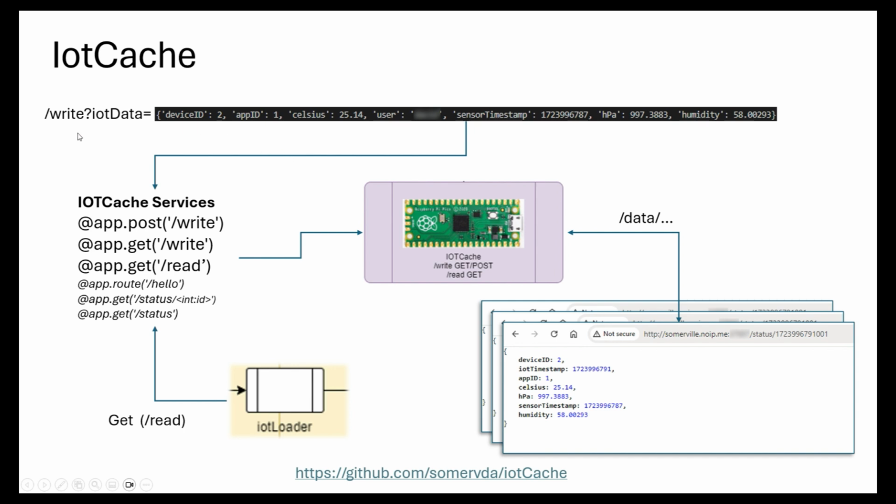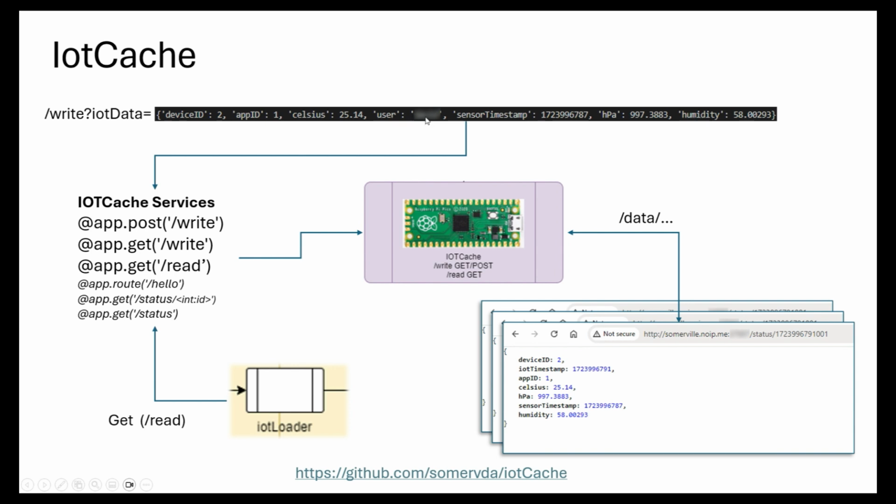So for example, a sensor out on the internet does a /write, in this case does a get with the query data of IoT data equals, and then this JSON string here. So it requires device ID, app ID to be entered along with a username that matches what IoT cache has been set up to recognize.